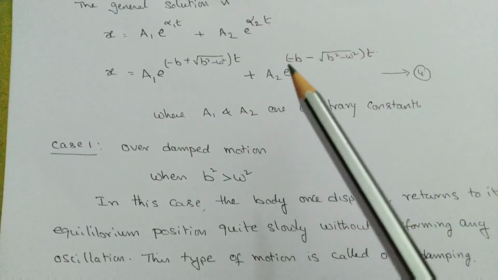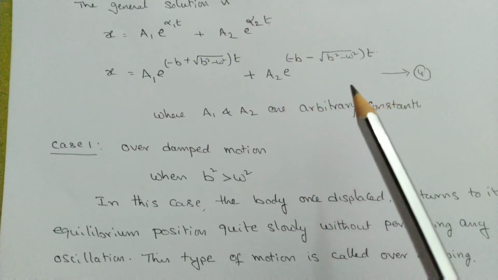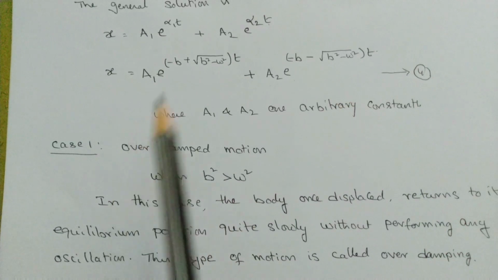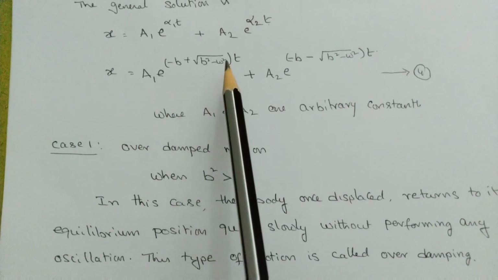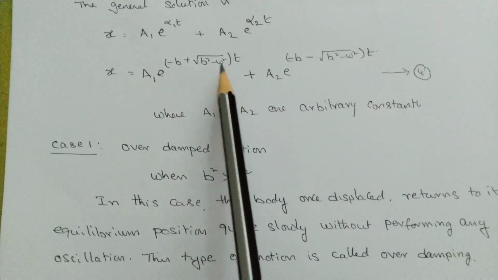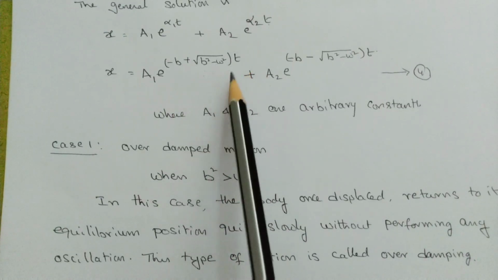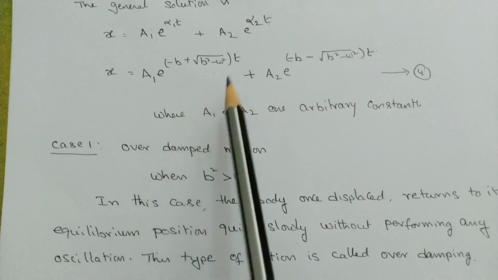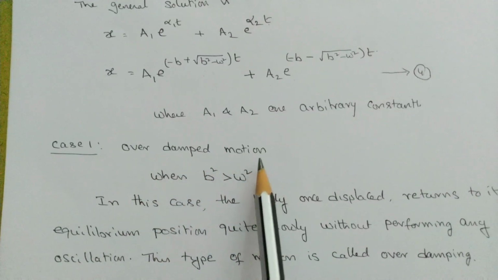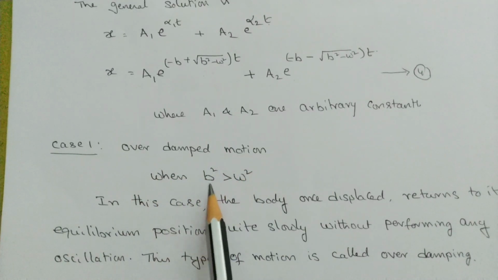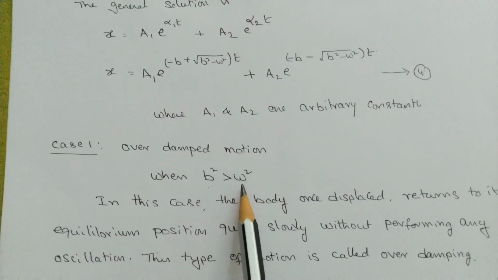Now we have to study the cases here. Here b represents the damping constant, and omega square represents the spring constant or a certain frequency. For case 1, overdamped motion, when b square is greater than omega square, that means the damping is more than that of the driving oscillation.